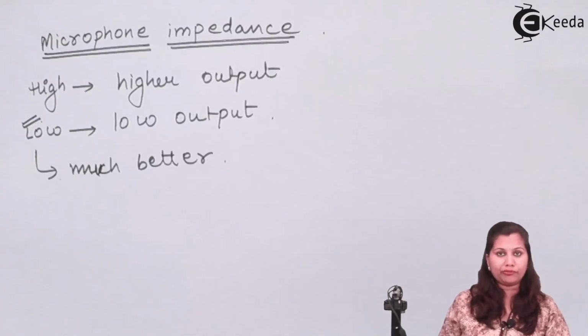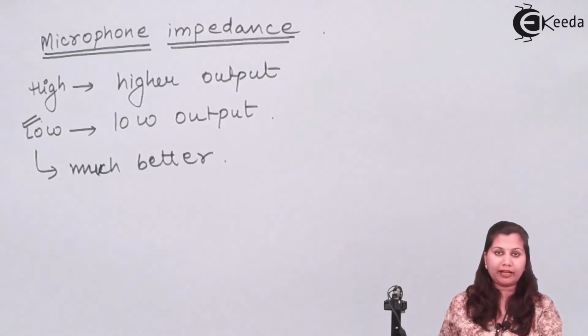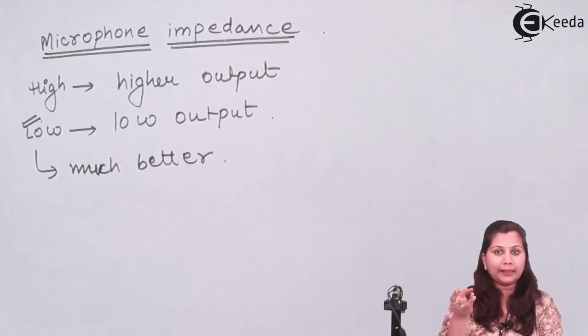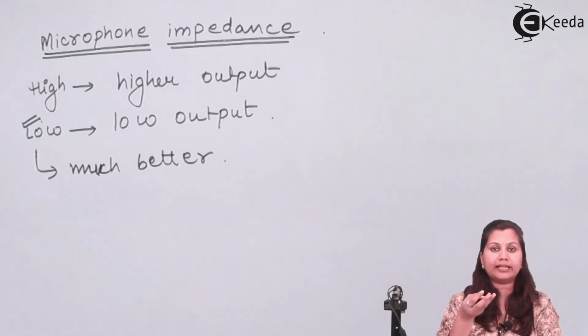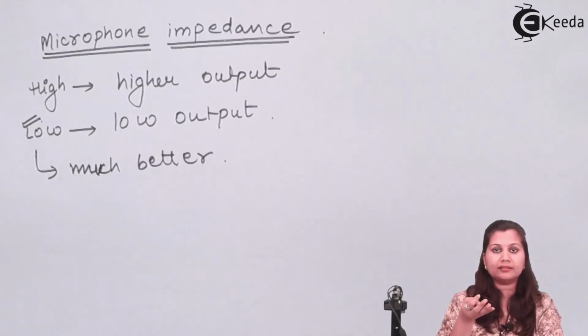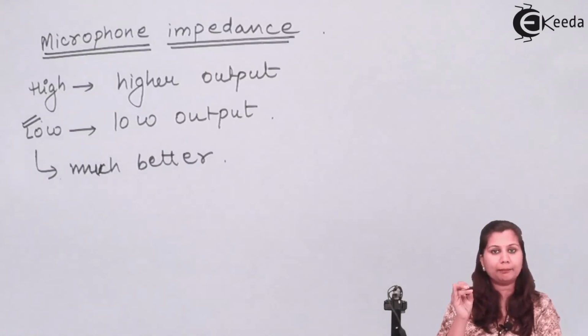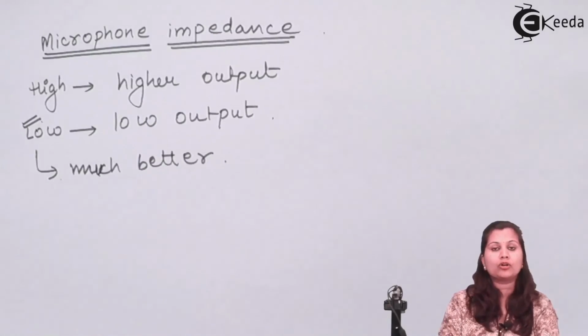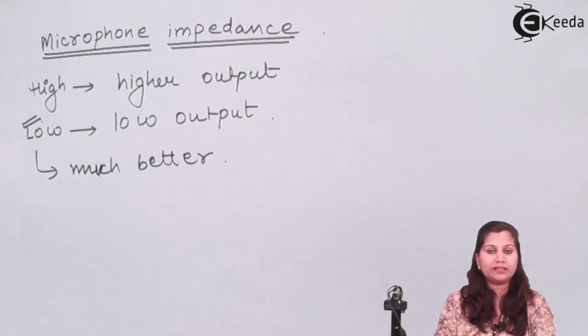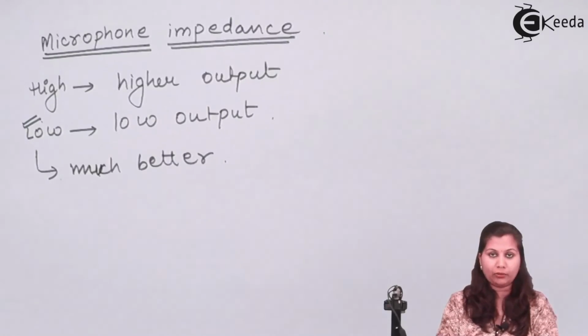So these are the four factors on the basis of which the microphones can be classified. That is the type of generating element, then the impedance, frequency response, and the pickup pattern. So in this video, we studied the measurement of sound.